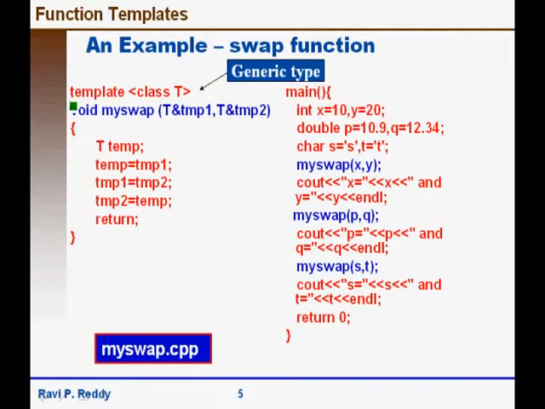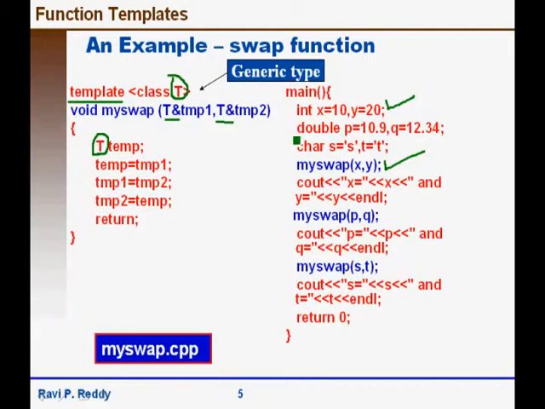Here's the function template with the unspecified type T. Here are the two variables of the type T. Here is another temporary variable of type T. Now, here's the function call. In this function call, we have used this function at three different places. First, we have declared two variables of type int and we call the myswap function template to swap them.